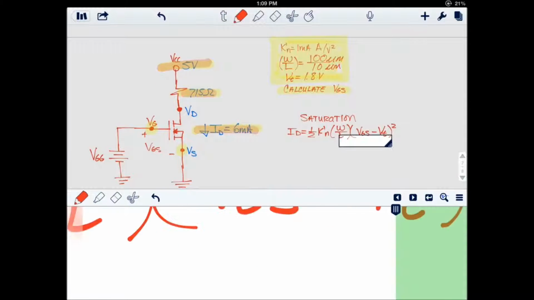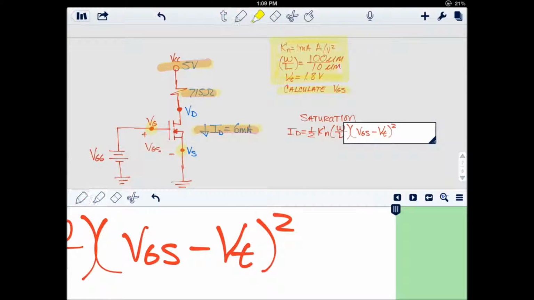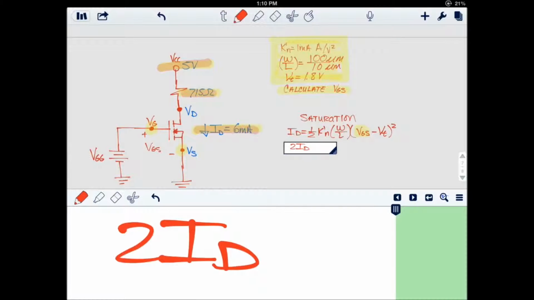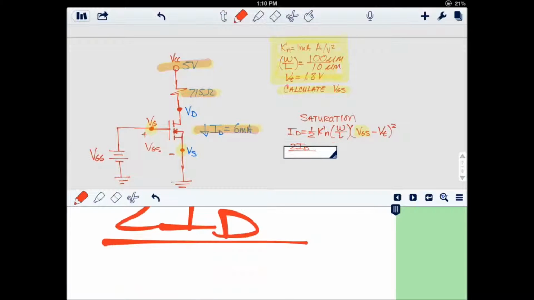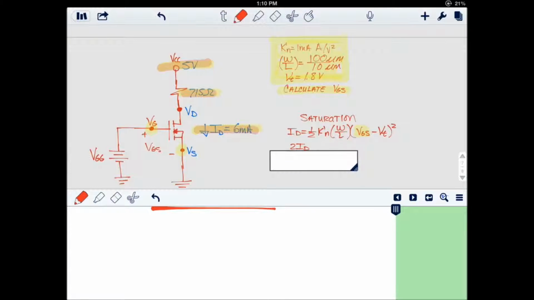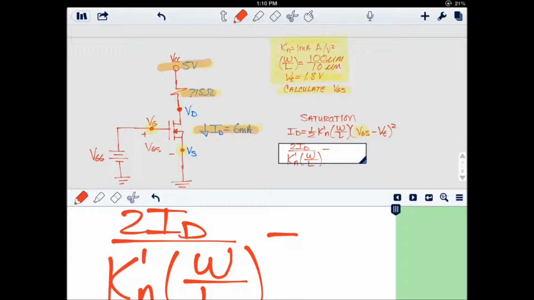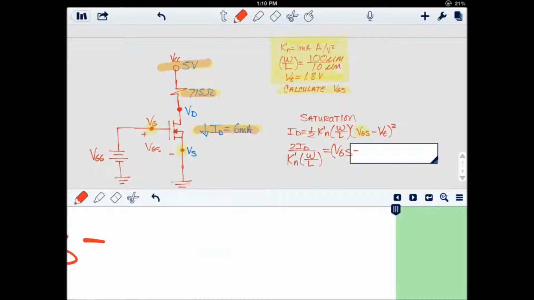And what we do is we just solve for VGS. This is quite simple. We multiply by 2 and we divide, leaving us with VGS minus VT squared.